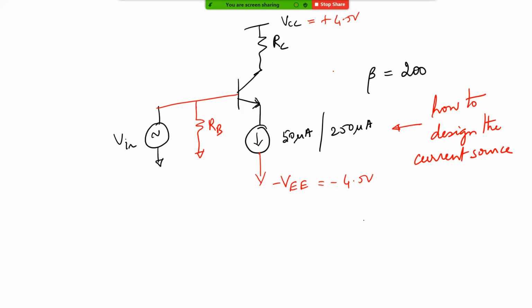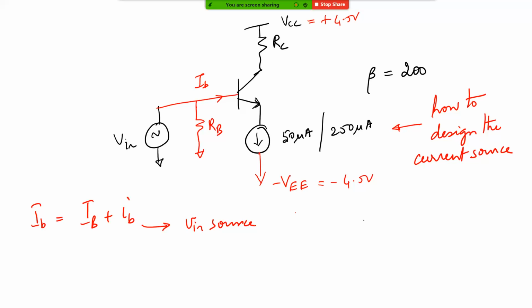The reason that you need RB is basically that this IB that is flowing will consist of capital IB plus the small ib. The small ib is given by the Vin source. This capital IB also has to come from somewhere.